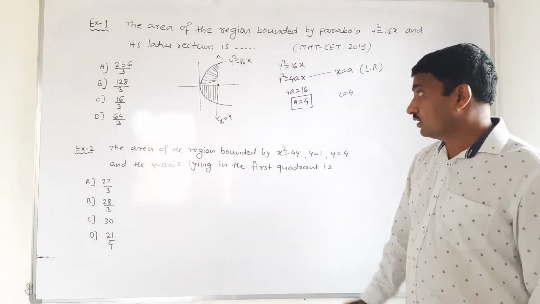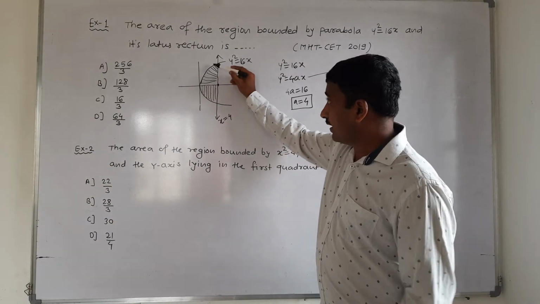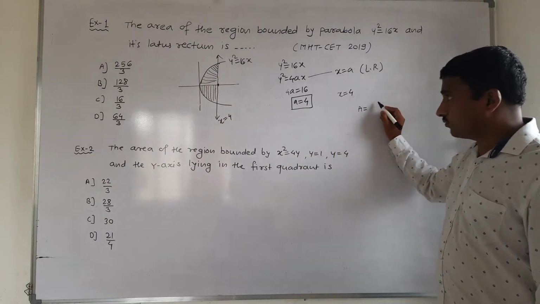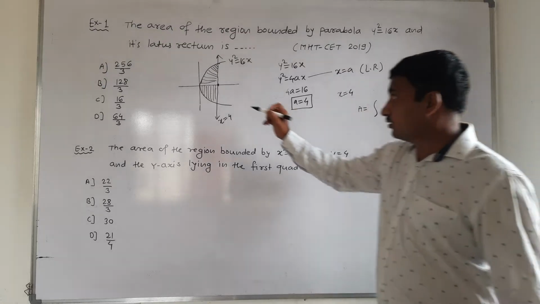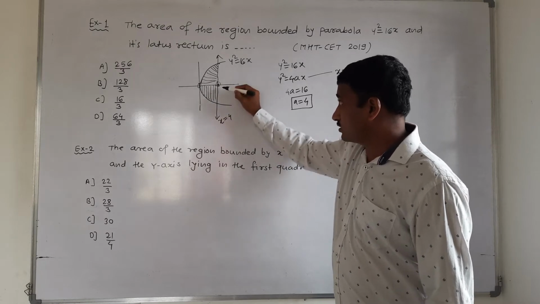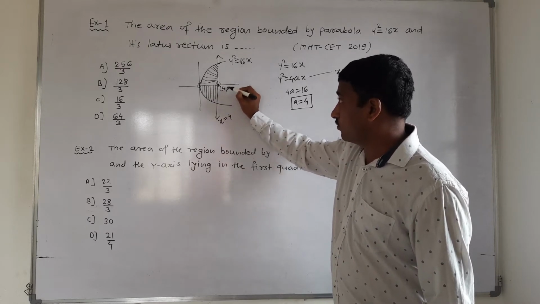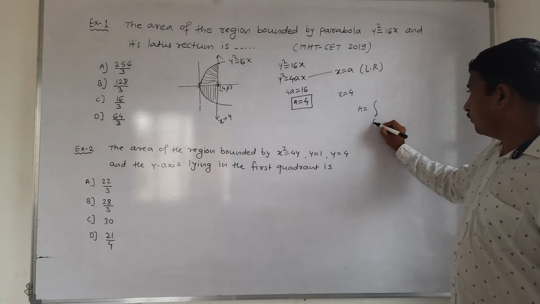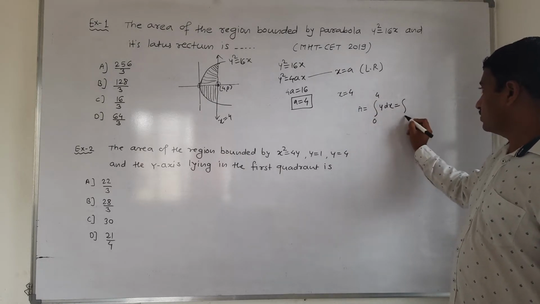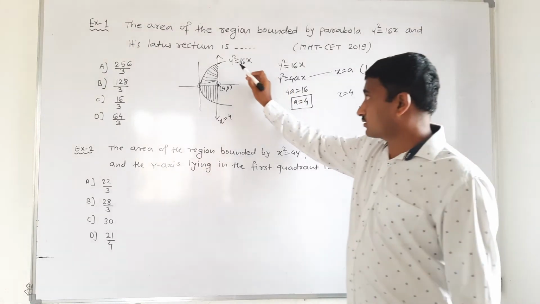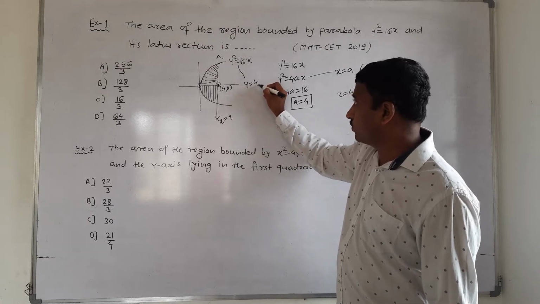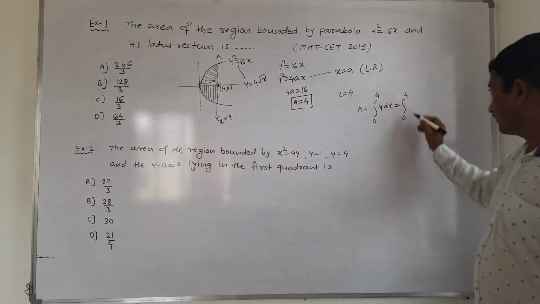That is 2 times. We know the formula: area under the curve is equal to the integration from this point as 0 to this point as 4, since x equal to 4, of y dx, from 0 to 4. Write y in terms of x: y is equal to square root of 16x, that is 4 root x.